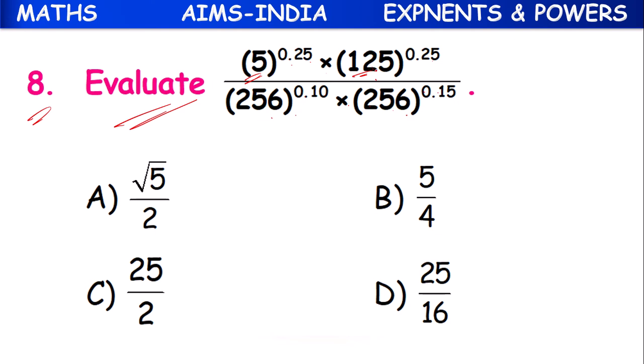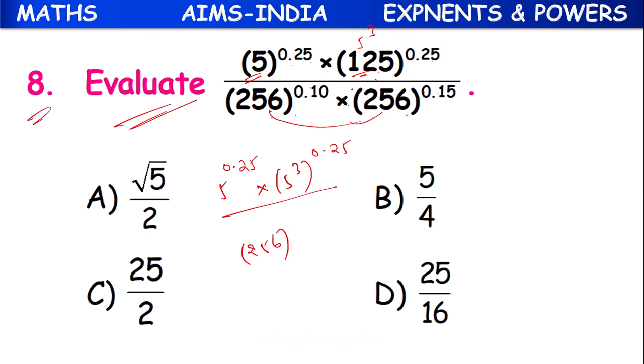Let's write this 125 as 5 cube. Then 5 to the power of 0.25 into 5 cube whole to the power of 0.25, by, here 256 is the same base. We can write the base one time and we can add the powers.